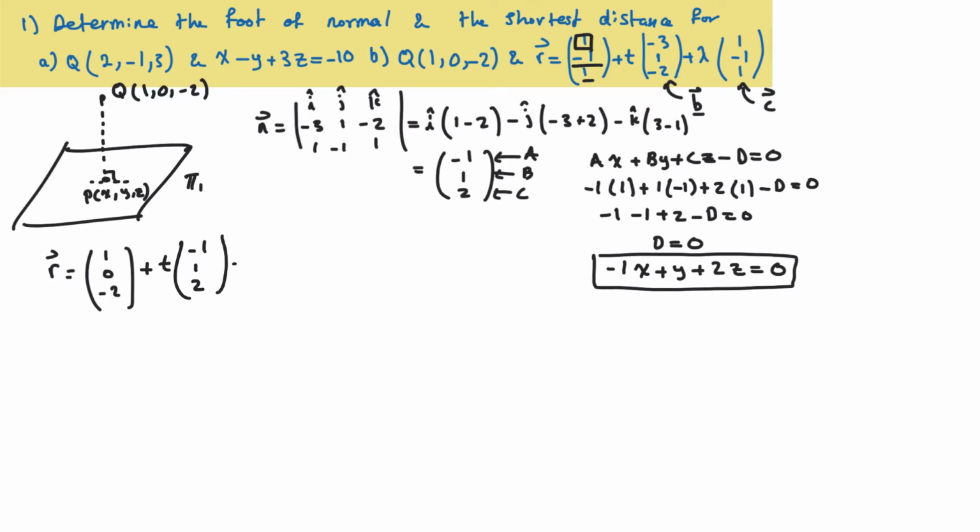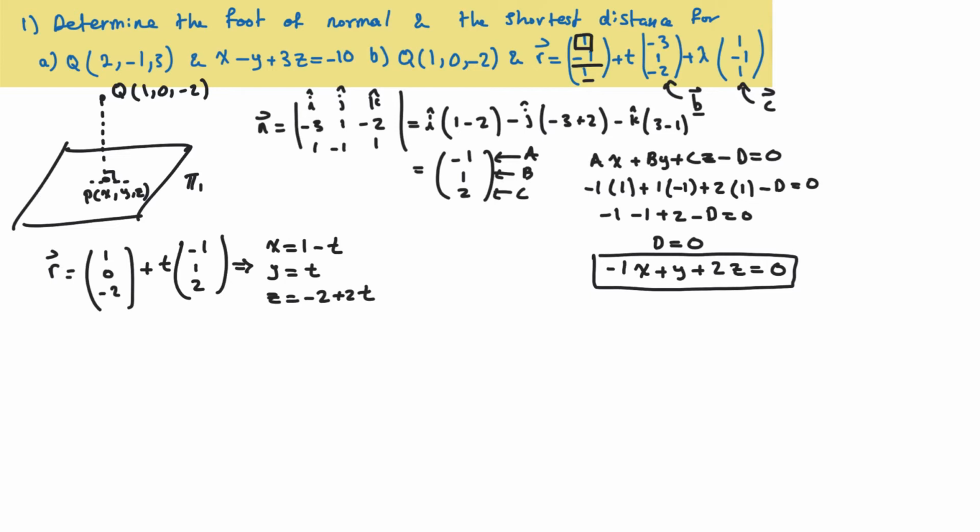It is nice to write these in parametric form as well. So this is going to be x is equal to 1 plus -1 times t, that's just 1 minus t. y is equal to 0 plus t times 1, that's t. And z is equal to -2 plus t times 2, which is -2 plus 2t.